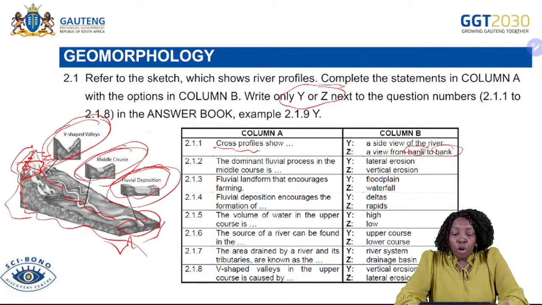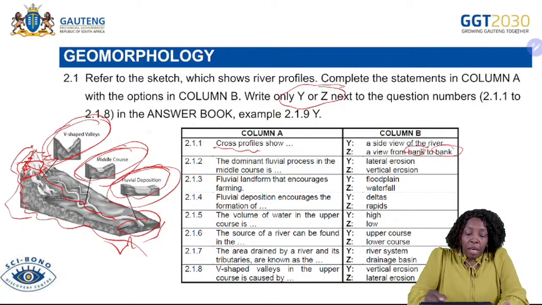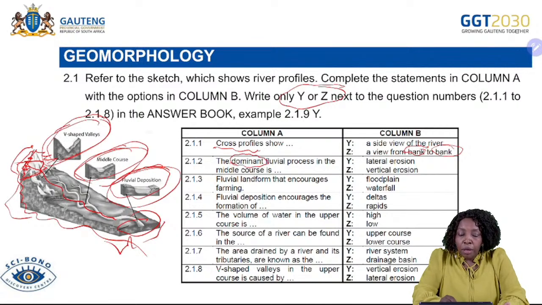It says the dominant fluvial process in the middle course. So we have a river that we are looking at in both profiles, and we are now asked to identify the dominant fluvial process in the middle course.